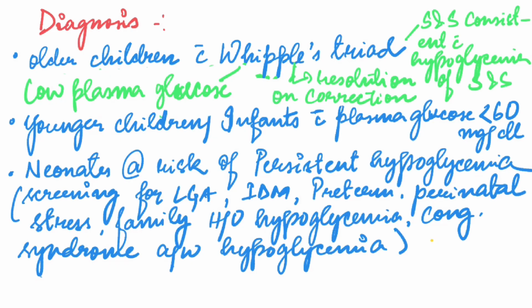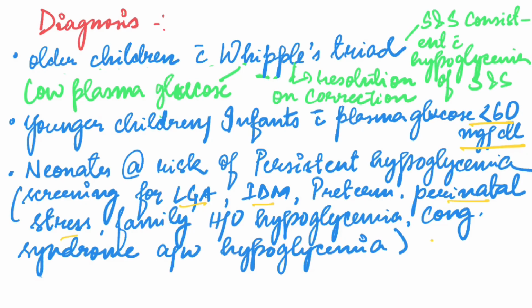Other conditions are younger children or infants with plasma glucose less than 60 milligram per deciliter. Neonates at risk of persistent hypoglycemia: we should screen neonates with LGA, IDM, preterm with history of perinatal stress, family history of hypoglycemia, and congenital syndrome with hypoglycemia.